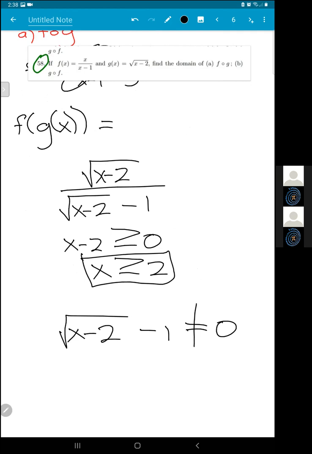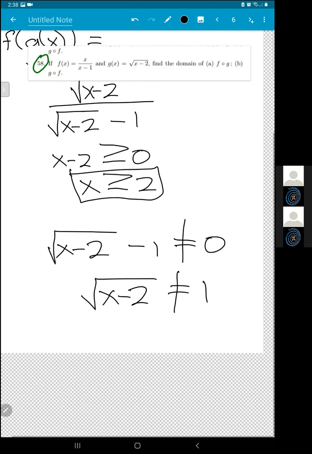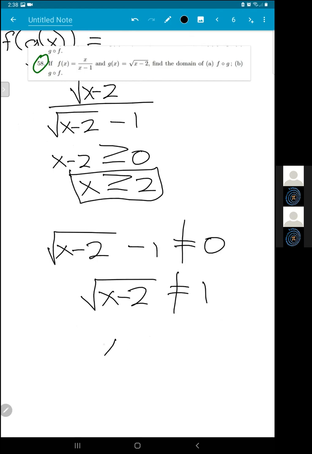It's just solving an equation, except that you put a not equal to afterwards, or just manipulate it as though you are manipulating an equation. Squaring both sides, add 2. So that means x must be greater than or equal to 2, but not equal to 3.